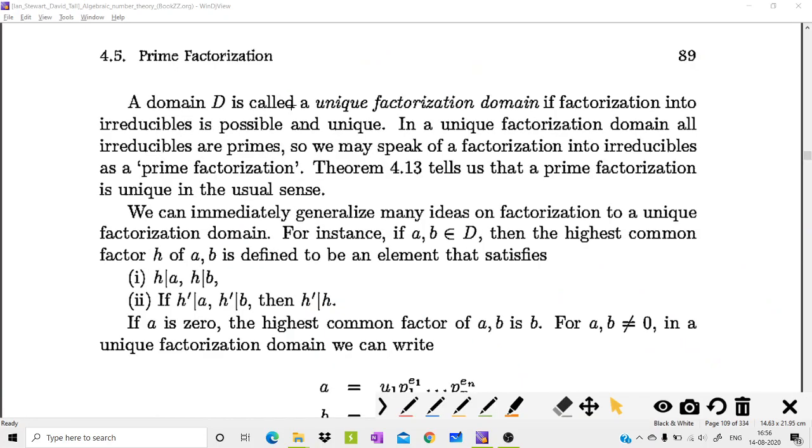Now, a domain D is called a unique factorization domain if factorization into irreducibles is possible and unique. That factorization into irreducibles is the same as factorization into prime elements. That means in a unique factorization domain, all irreducibles are primes.